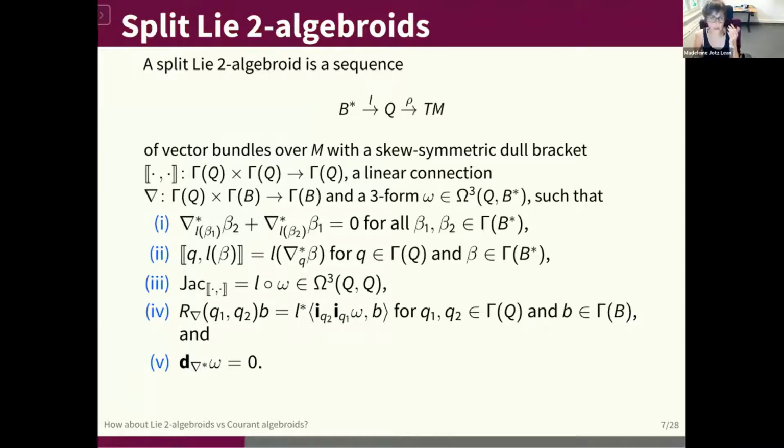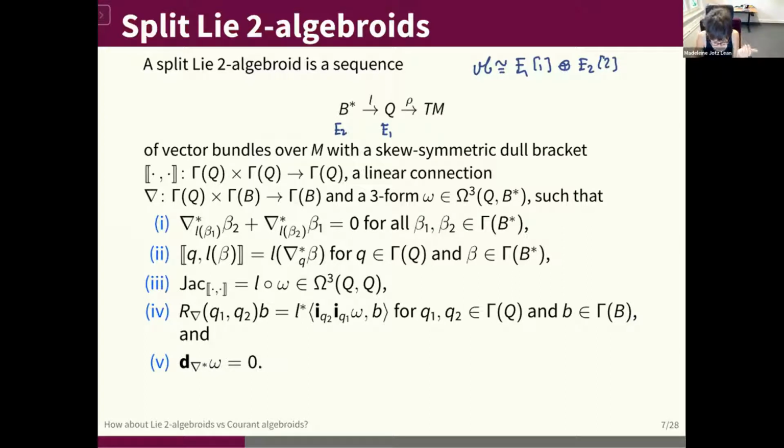And these structures you can get by just writing the homological vector field in coordinates. And so what you get is, I should say, for notation reasons later, the Q is E1 and B* is E2 in the splitting. Remember, so the 2-manifold is E1 plus E2 in the splitting.